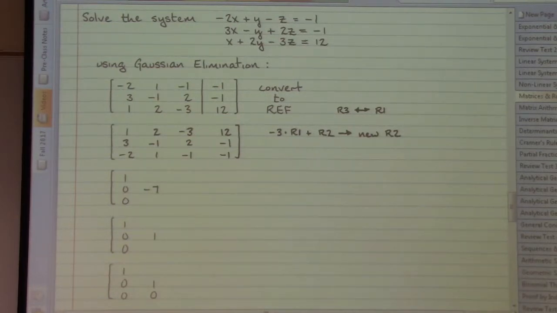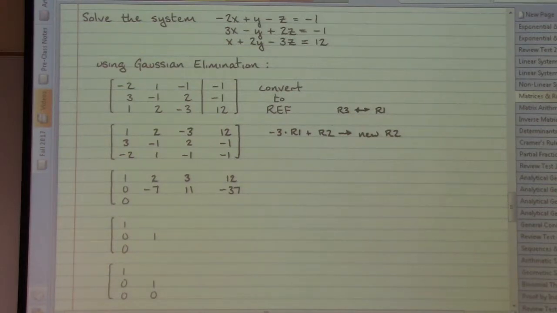Negative 3 times negative 3 is 9 plus 2 is 11. Negative 3 times 12 is negative 36 plus negative 1 is negative 37. Fill in the rest of my first row because that didn't change. All right, so there's my new row number 2.